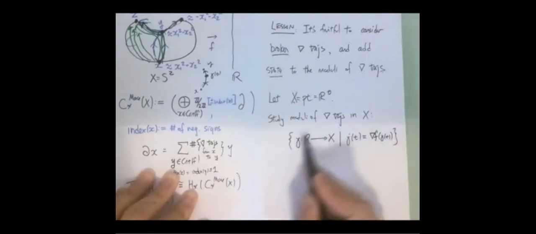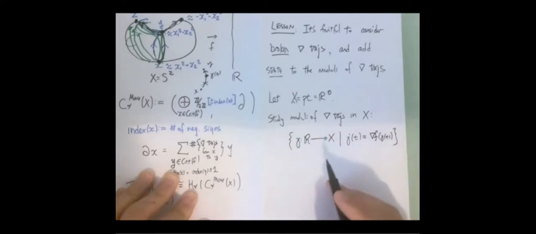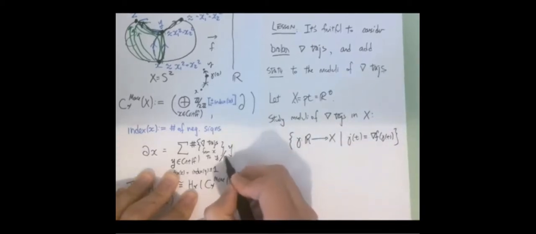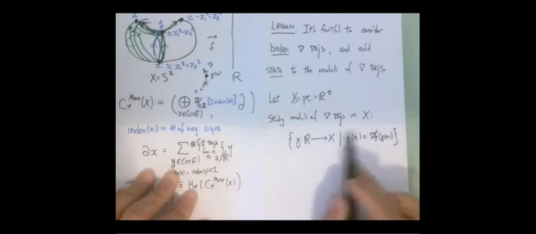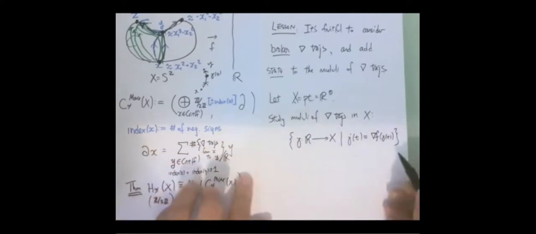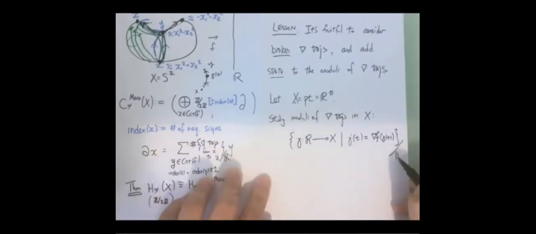So actually, this set has a natural R reparameterization action on it called shift time 0. So what I was secretly counting before wasn't the set of such functions that satisfy this differential equation, but the set of such functions modulo the natural automorphism group acting on it. And so what I really want to consider is not the set, but the set modulo R.